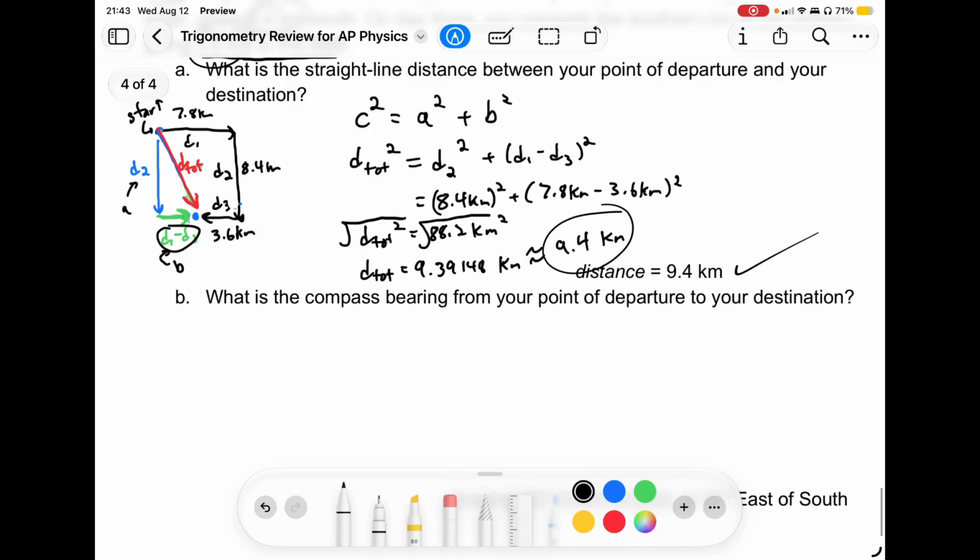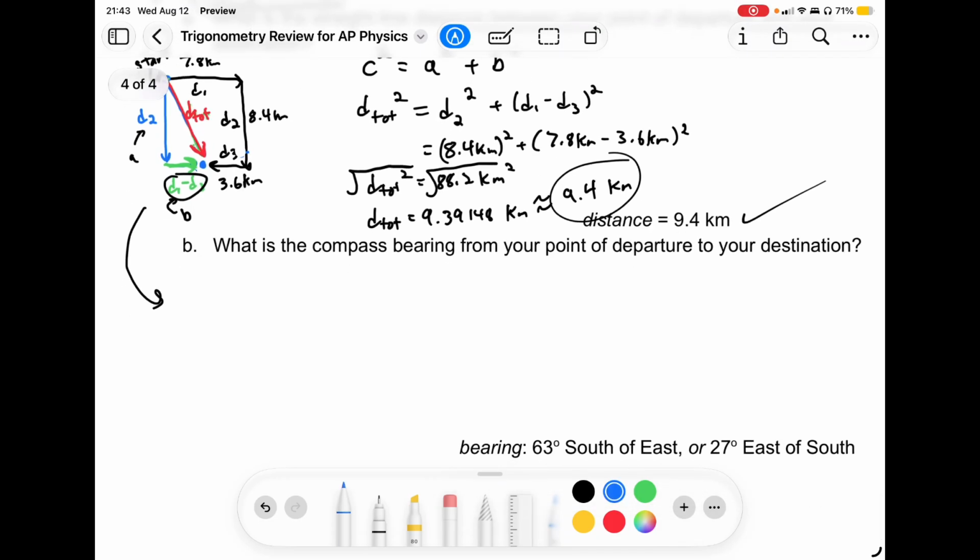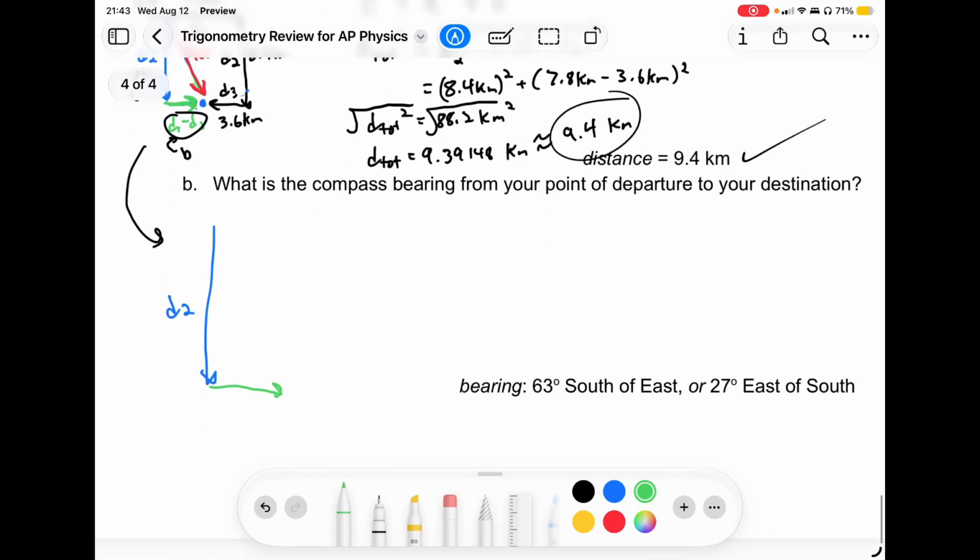So finally, I'm going to redraw this a little bit larger. We got D2 is our side over here, and then D1 minus D3 was our other side, and that gives us our overall vector, which was D total, right?